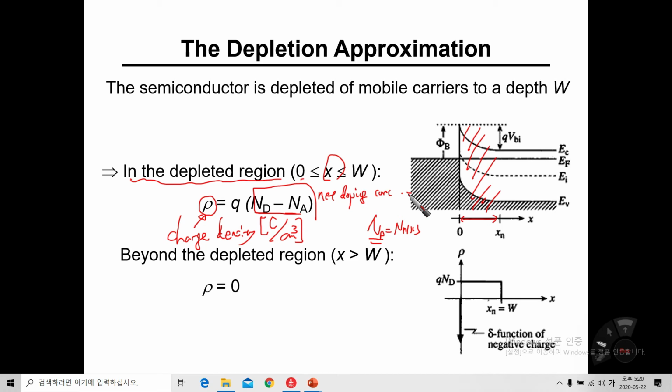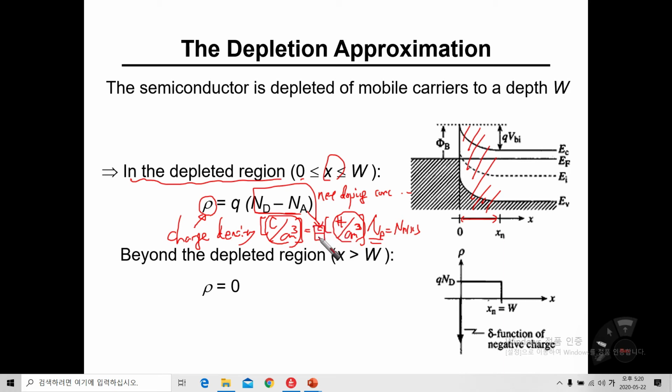If you think of the unit of this Nd minus Na, that means a number of donor atoms divided by what? Yes, cubic centimeter. But on the left hand side, we need this unit, and on the right hand side, we have this. So what else should be multiplied with this unit?